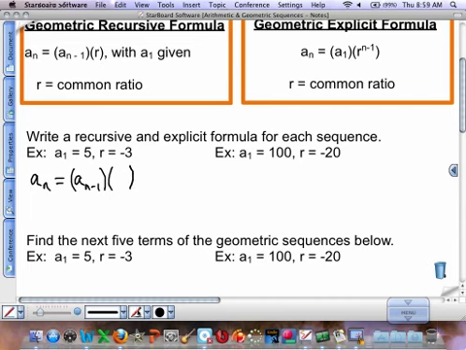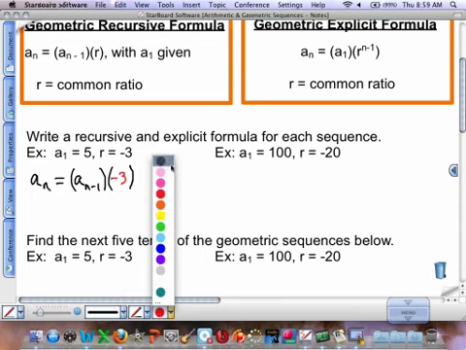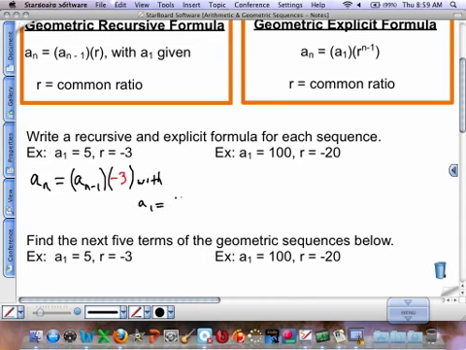What's my r here on this problem? Negative 3. And then you've got to say where you're starting at, with a sub 1 equal to 5. Okay. And that's basically how you write the recursive formula.